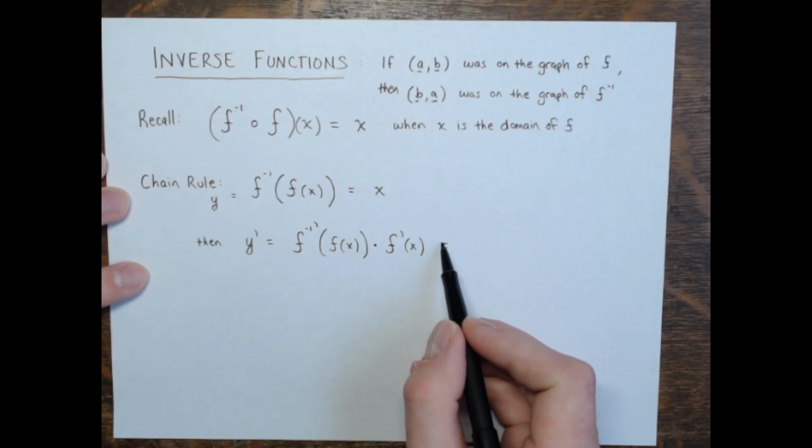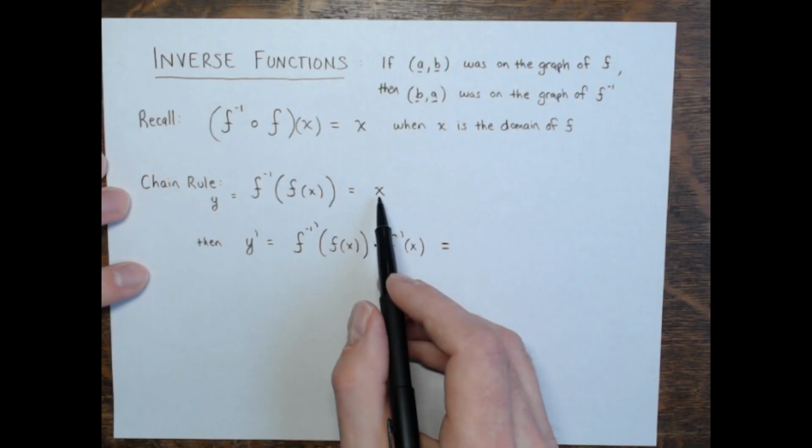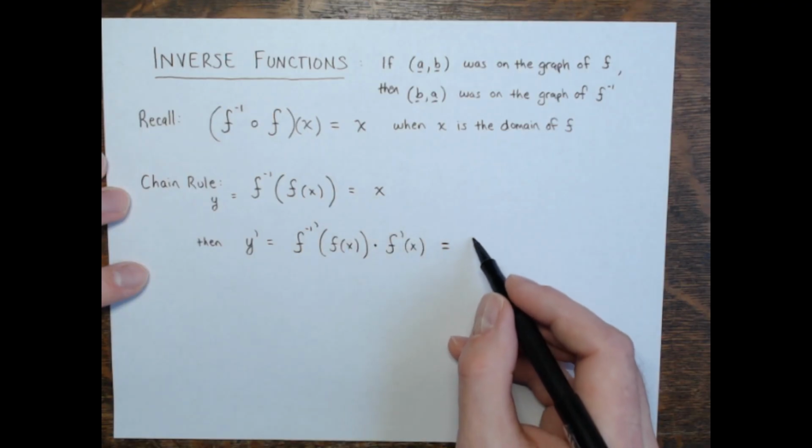But this is supposed to be just equivalent to X, right? And if Y is equal to just plain old X, remember the derivative of just plain old X was 1.